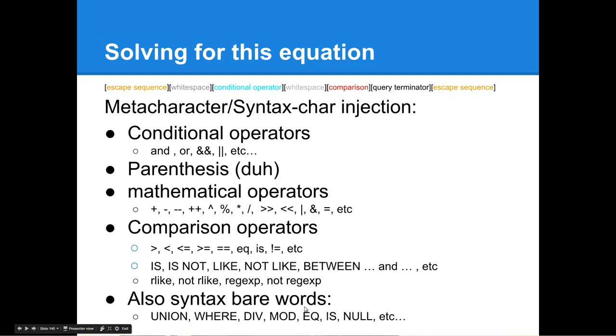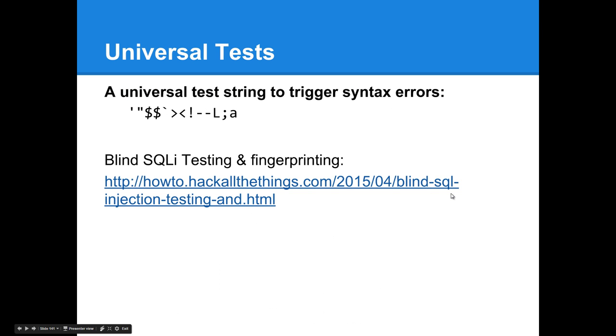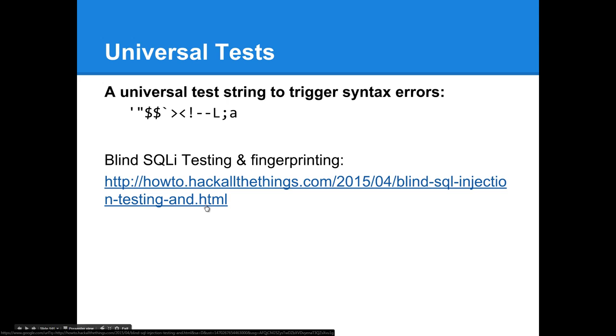These should be present in every SQL database. And again, we've covered this universal test string. And we put out a blog post on a solid methodology for detecting blind SQL injection vectors and testing them and fingerprinting them, and we refer you to it here. Although we'll discuss it more in depth later on in this lecture.